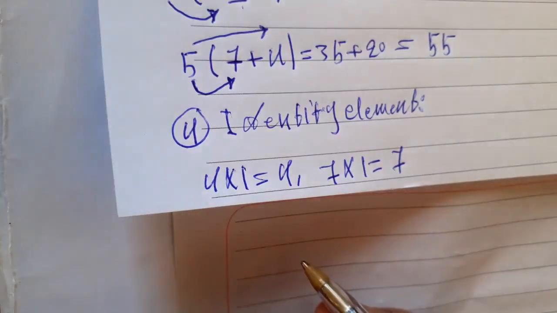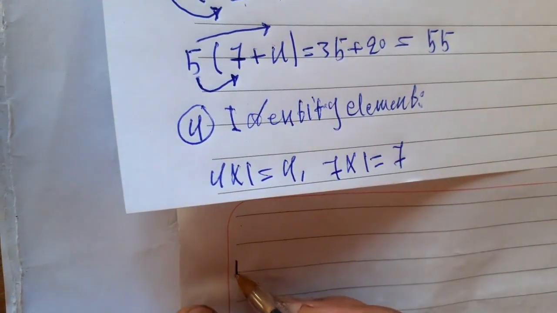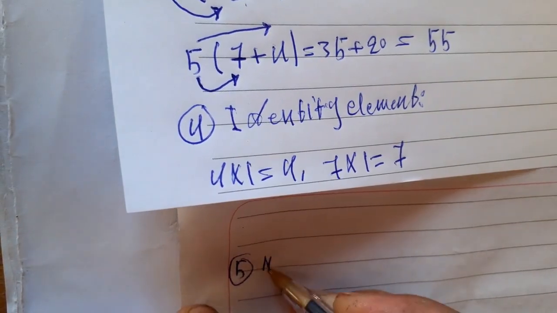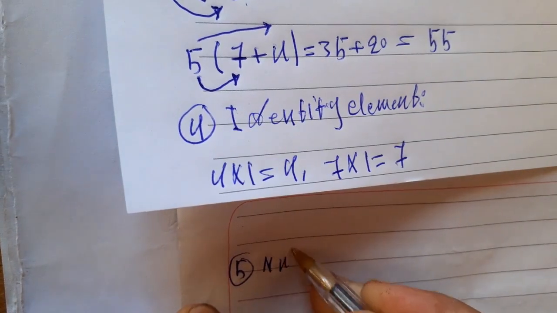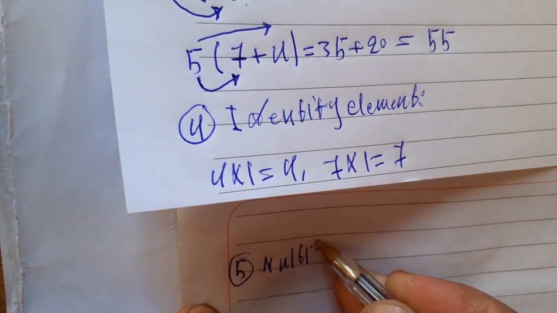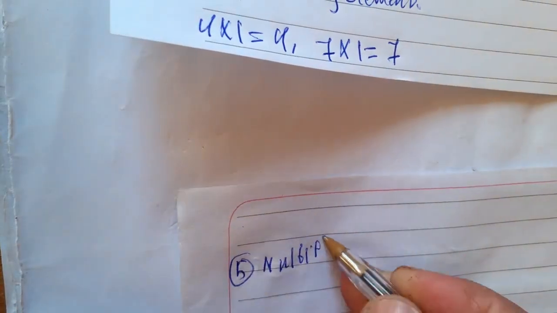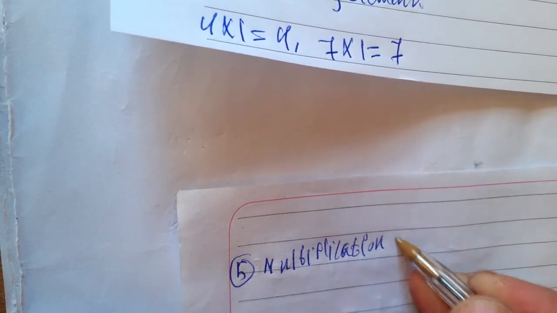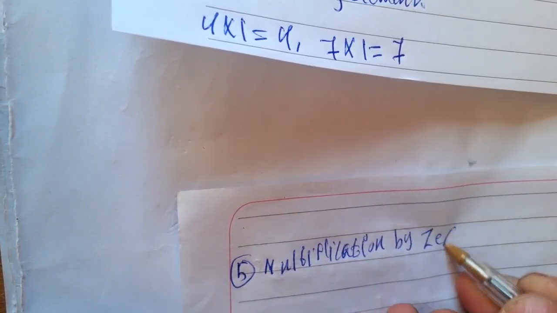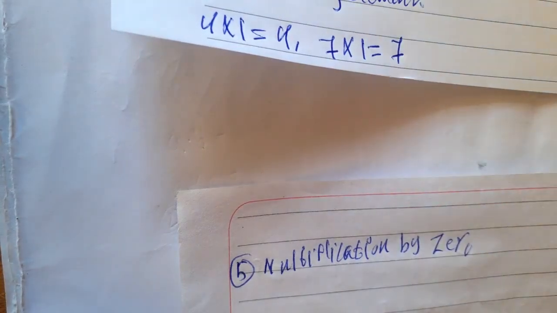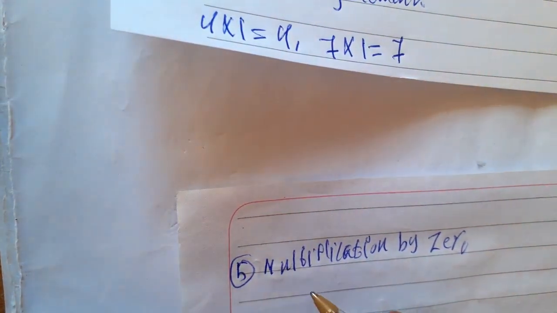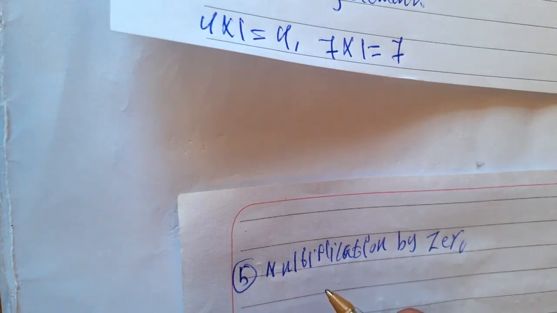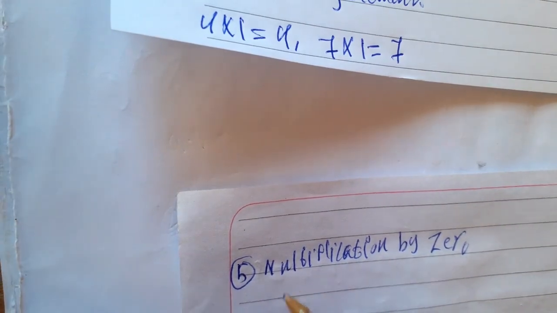Number 5. Multiplication by 0. Any number multiplied by 0 is equal to 0.